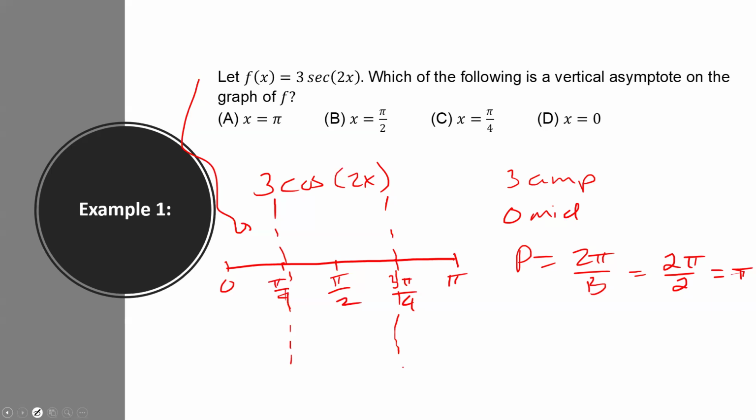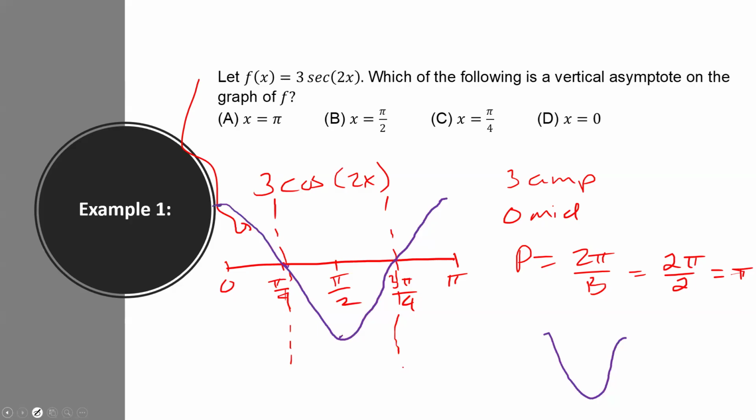I love that you asked. So remember, when you're graphing cosine, we're making a cup, right? So our cup, we start at our max, our 0, our min, our 0, our max. That's what's going to form our cup.